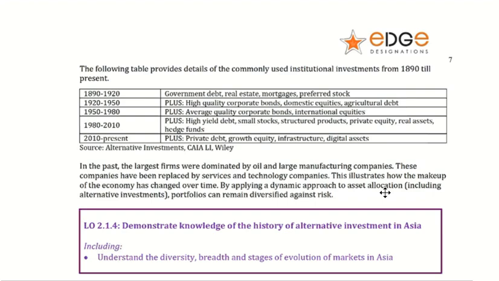Top of page 7, the following table gives us details of the more commonly used investments, at least on an institutional level. Look at that, 1890 till 1920, more government debt, real estate mortgages, preferred stock. 1920 to 1950, what did we add into the overall investment picture?